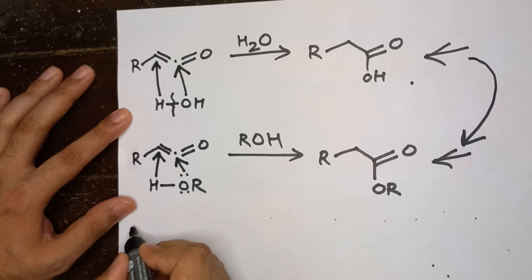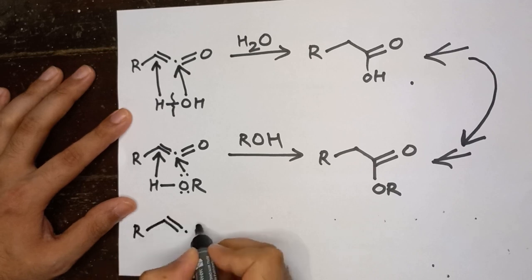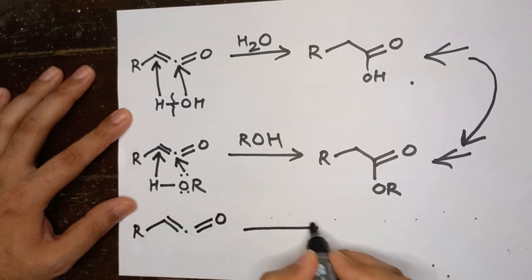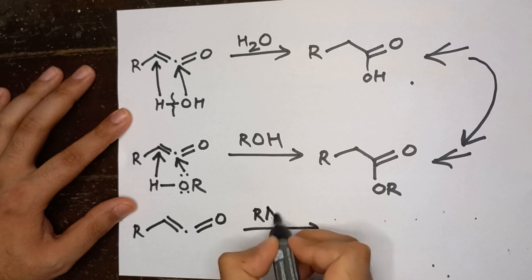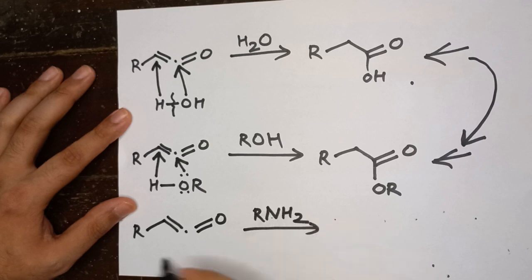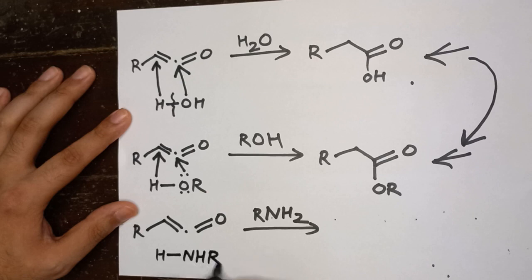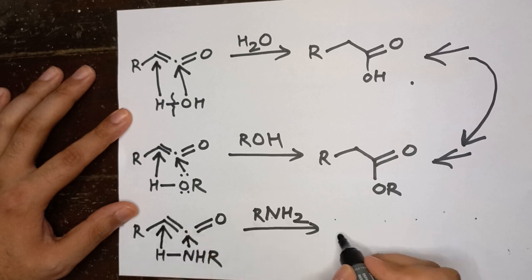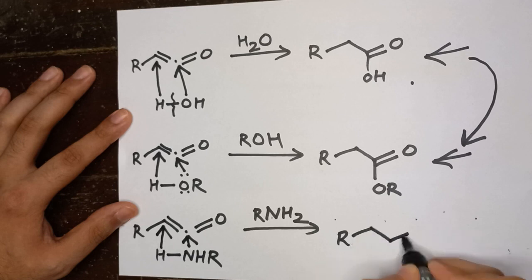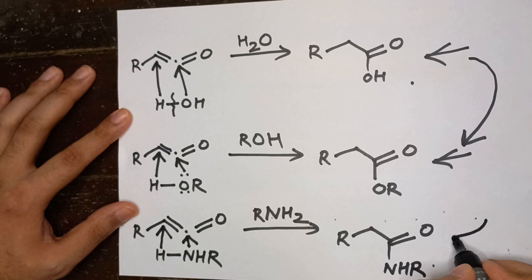For example, if I have ketene and I'm adding, let's say, amine in my last step, in the same fashion I'm going to write. This nitrogen heteroatom will add to the ketene carbon. This hydrogen will add at this position. I'm going to saturate this double bond and the product will be amide. This time we are getting amide because I used amine.